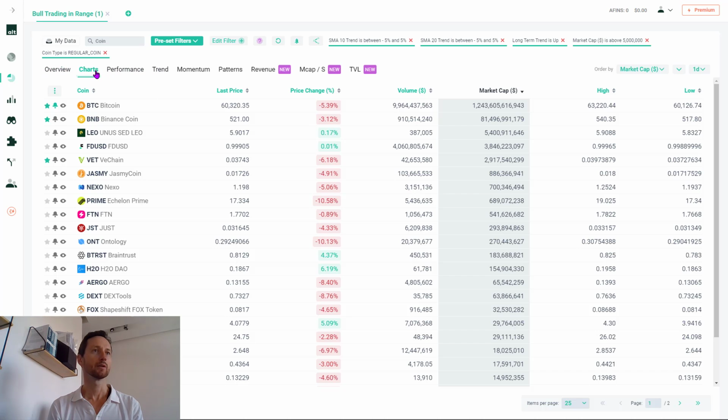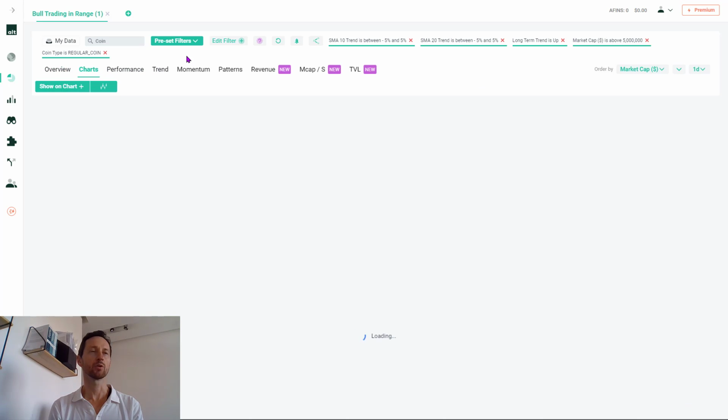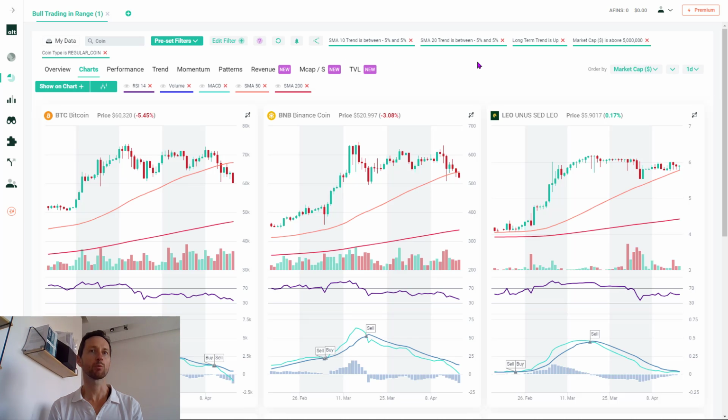Now, it also requires a little more work on your part. With this filter, we narrowed it down, but then you also have to do some work. So let's see, Binance is on this list. It's approaching that $500, which is the support in this case, and about $600 is the resistance. So this is the channel here.